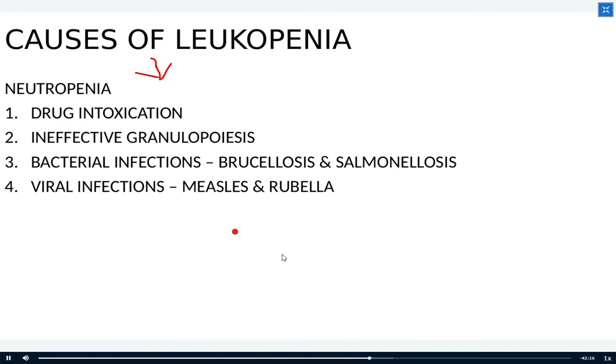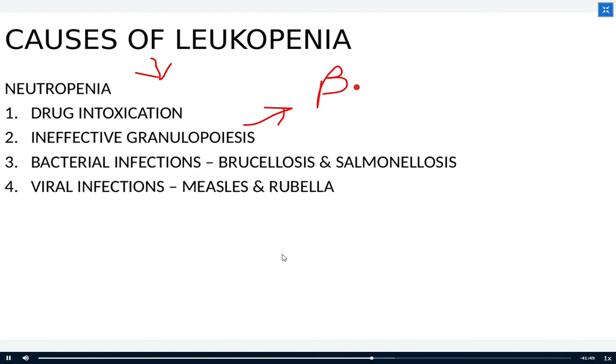Saan ba napoproduce ang WBC nyo, class? Where is your WBC produced? So, from your answer, when does ineffective granulopoiesis happen? Sabi niyo bone marrow. So kailan? Okay, so when your bone marrow, class, is damaged, this would happen.